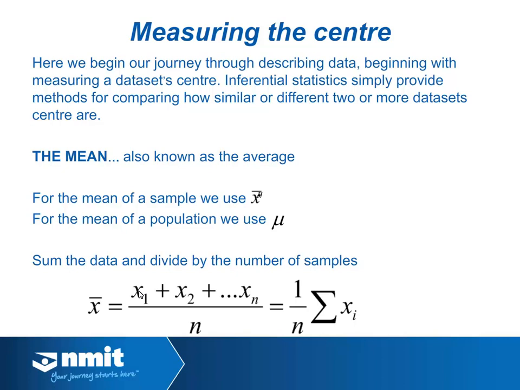This is provided to us here in a mathematical formula, where each individual data point is given the letter X with a subscript for where it falls in the data set. So X1 is the first number in that data set.